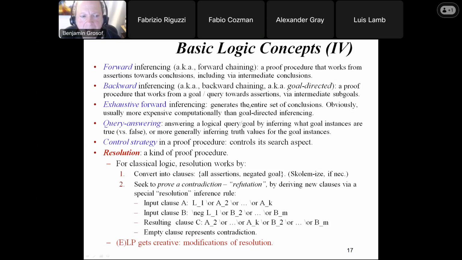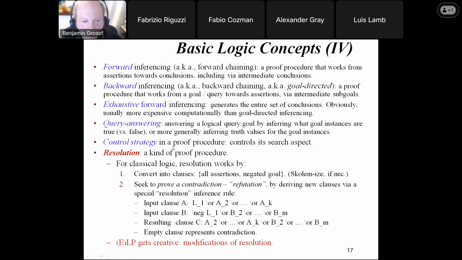And largely because of that, proof procedures for dealing with larger scale knowledge bases and in practical settings are usually more backward than they are forward. But there's also mixed direction, which is a combination of forward and backward, and we'll get to that a little bit later. In query answering, a logical query is answered by inferring what instances of the goal formula or expression are true versus false, or more generally, inferring truth values for the goal instances.